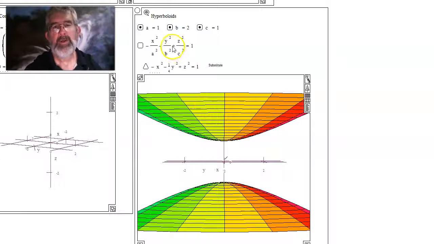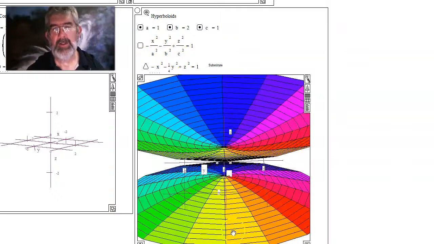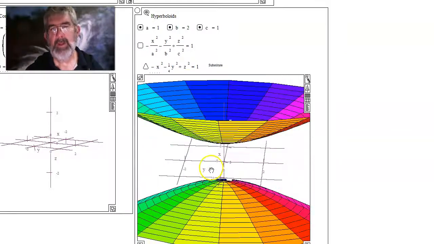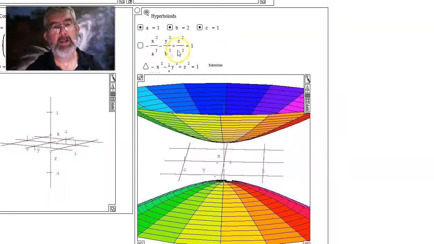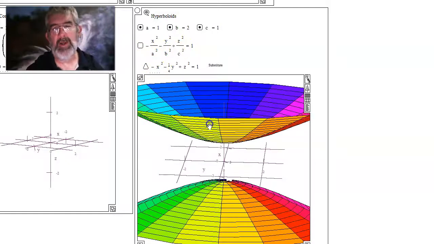And because the z here is the odd one out, minus, minus, and plus, this thing is centered on the z-axis. If it was plus, minus, minus, where the x is the one with the plus sign, then it would tilt this whole thing down to center it on the x-axis. And likewise with the y.